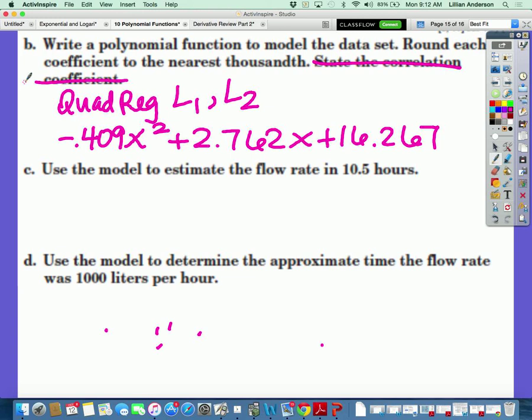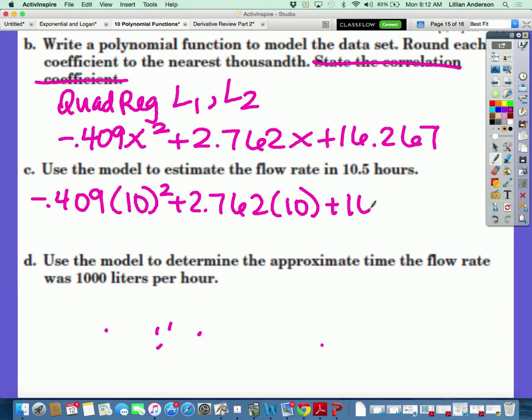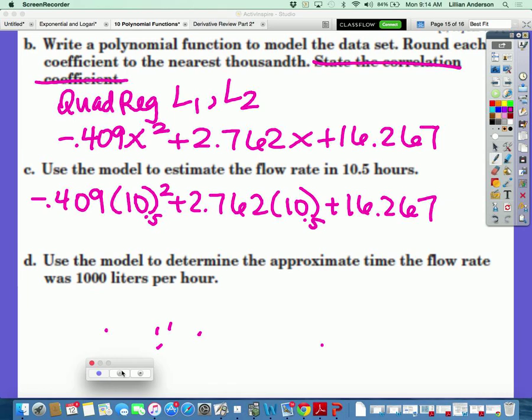So, we're going to plug in, not 10, 10.5. And we're going to get our answer. So, we got 0.1755.